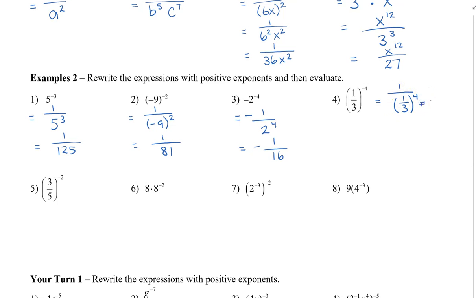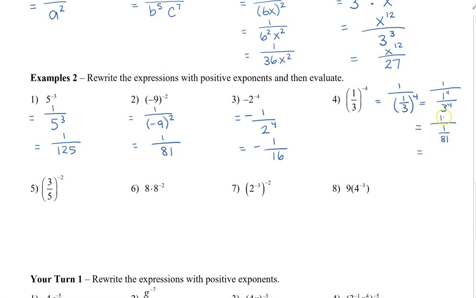Now, if I kept going with this, I would now have 1 divided by, and we would then use our power of a quotient rule. We're going to apply the 4 to both the numerator and the denominator. So we have 1 to the 4 divided by 3 to the 4. And then this would become 1 divided by 1 over 81.